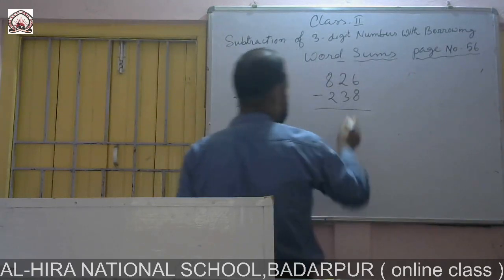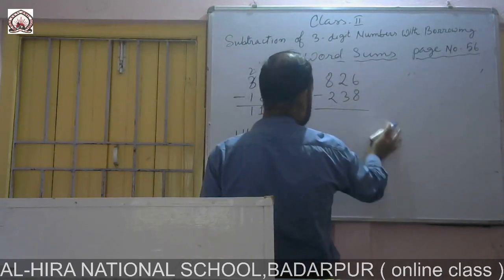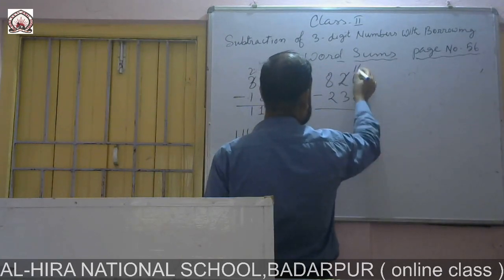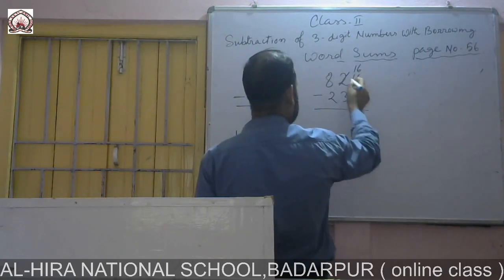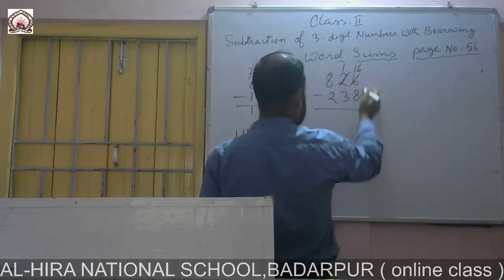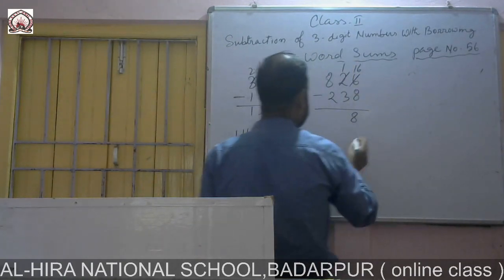So we do minus. 6 minus 8, we can't, then borrow 1, then there is 16 and there remain 1. 16 minus 8 is equal to 8.